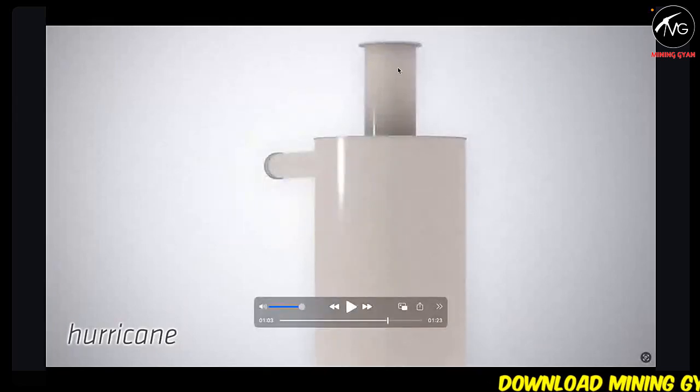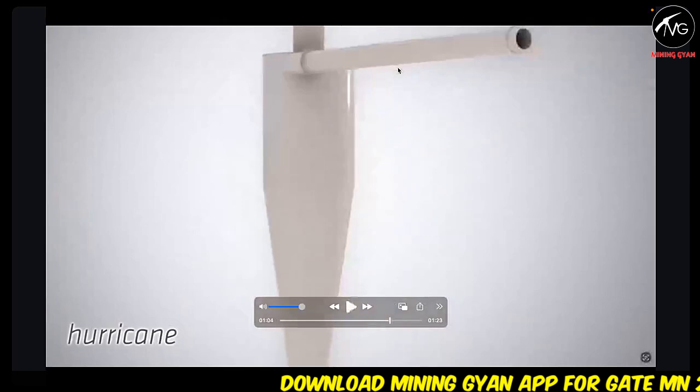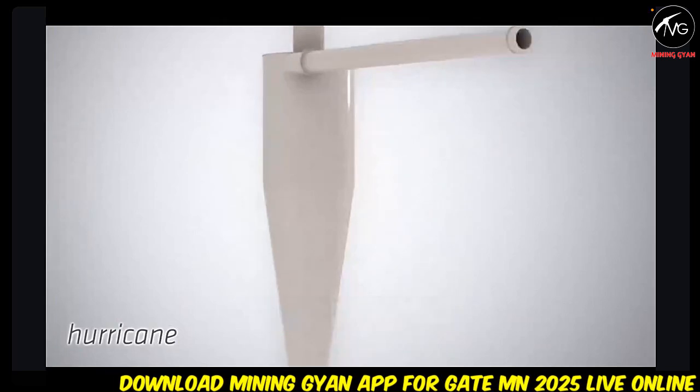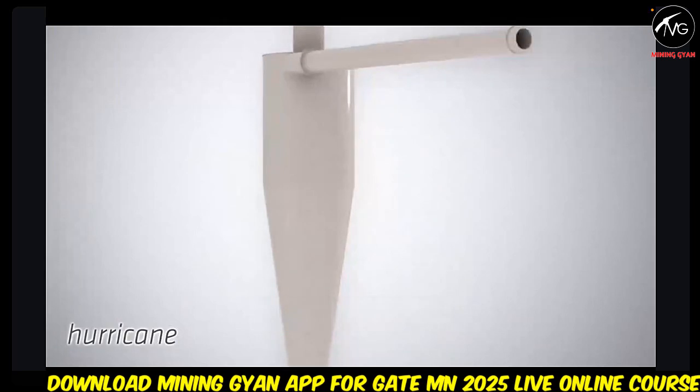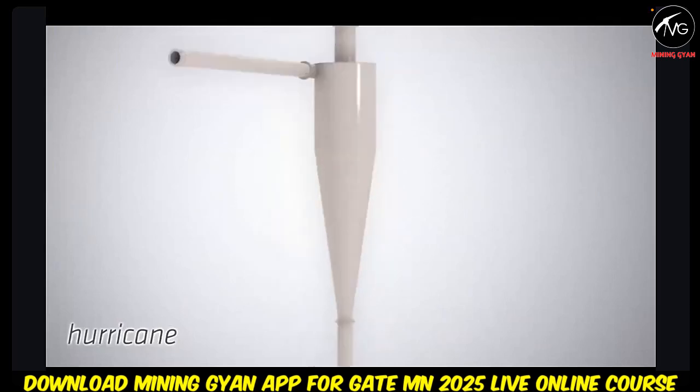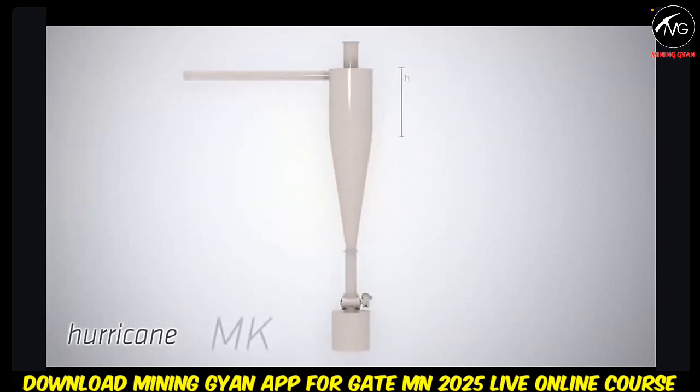So compared to the inlet, the outlet gas or air will be pure, with fewer particles in the outlet.